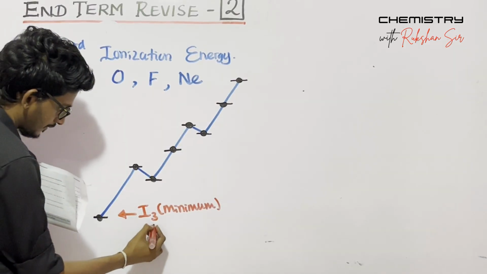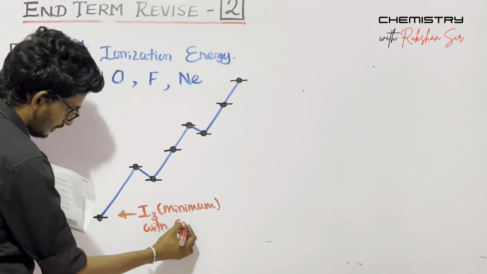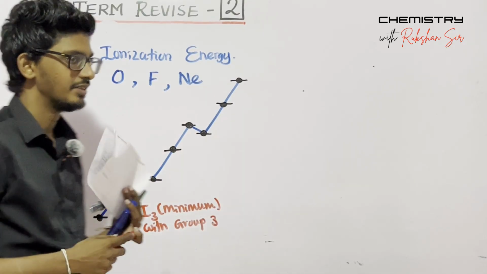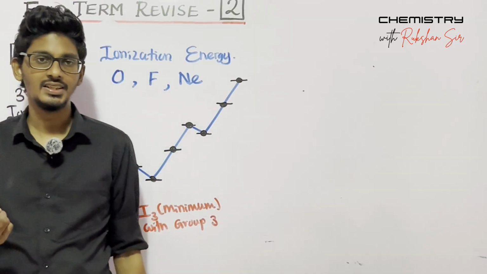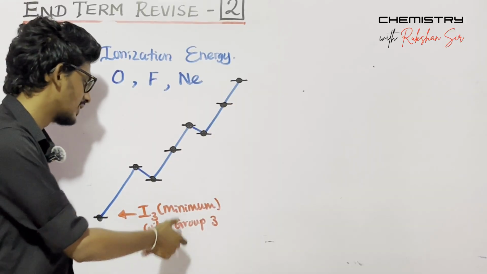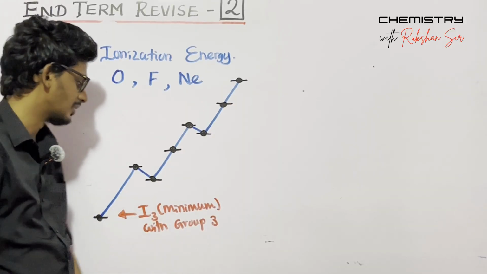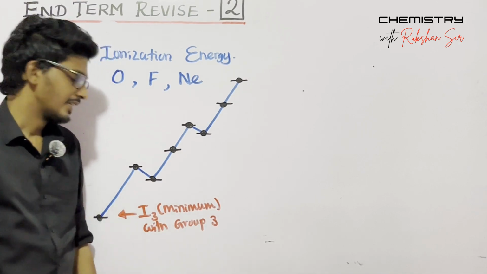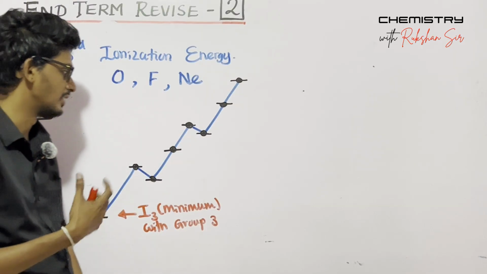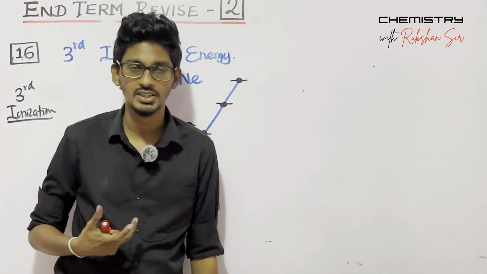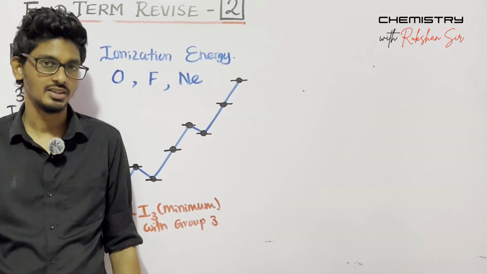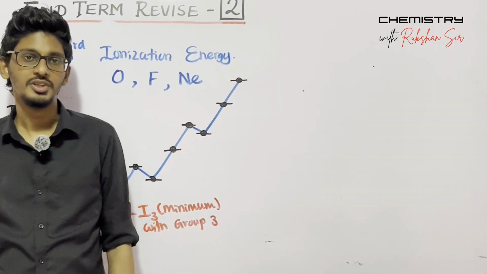Releasing the third electron will give it a noble gas configuration. That is why the group 3 element has the lowest third ionization. As it achieves the most stable configuration, the third electron will be more keenly released with very little energy by the group 3 atom, right?